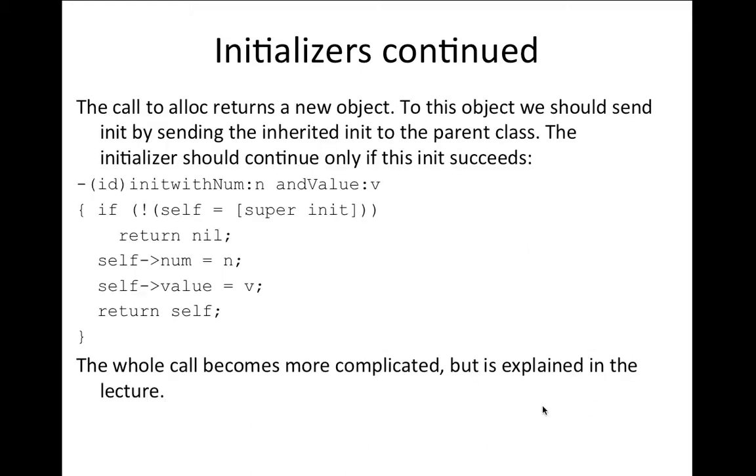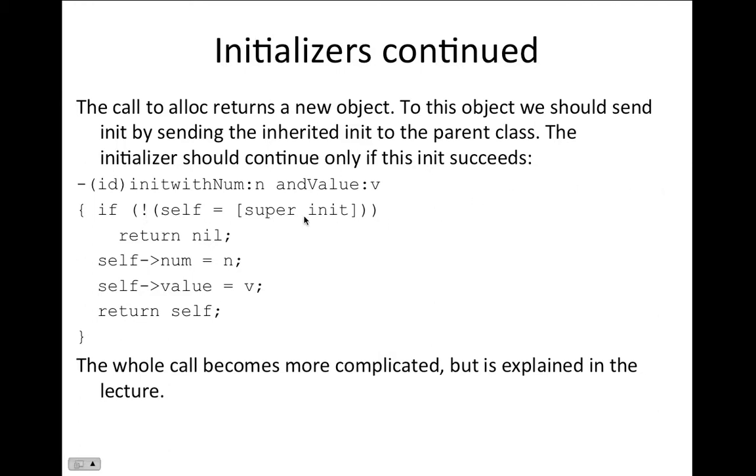So the call to alloc returns a new object, and we looked at alloc last week as well. To this object we can send init by sending the inherited init to the parent class. The initializer should continue only if this init succeeds. So we could put a check in there to see if self is equal to super init.